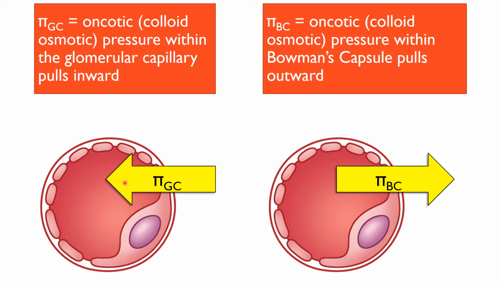So oncotic pressure tends to pull inward towards the capillary. Similarly, oncotic pressure as exerted by any proteins within Bowman's capsule would pull outward from the capillary. However, there shouldn't be any proteins in Bowman's capsule because proteins aren't supposed to filter across the glomerular filtration membrane. Therefore, under normal conditions, this should be essentially zero.